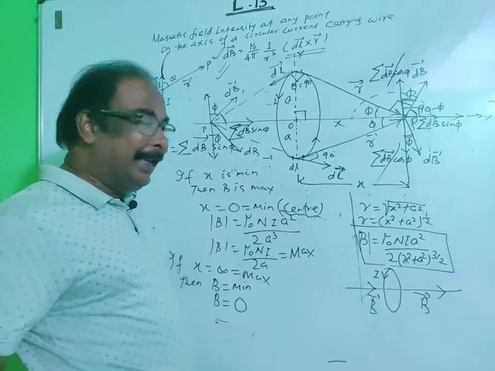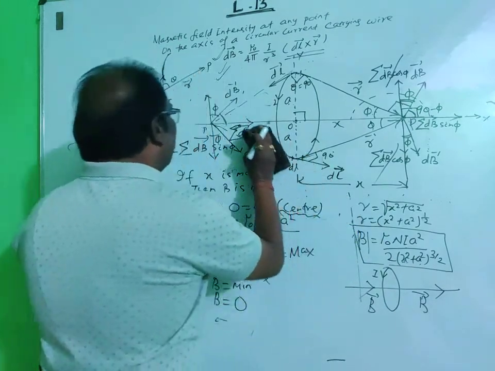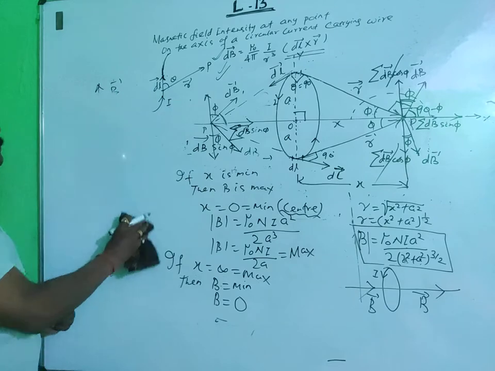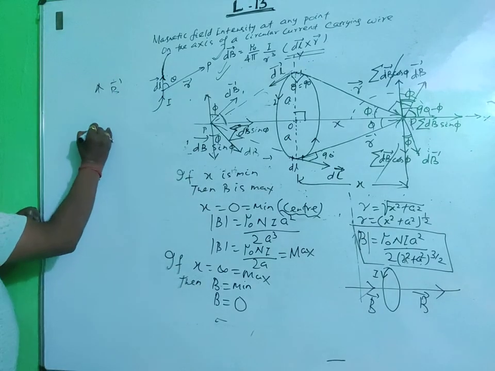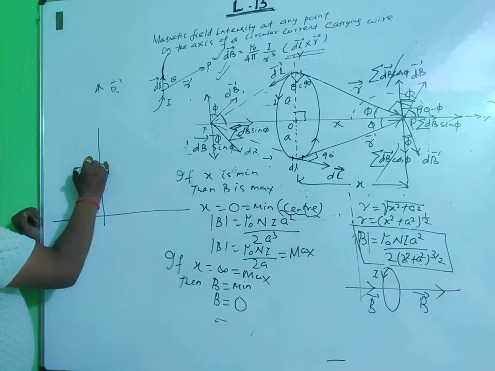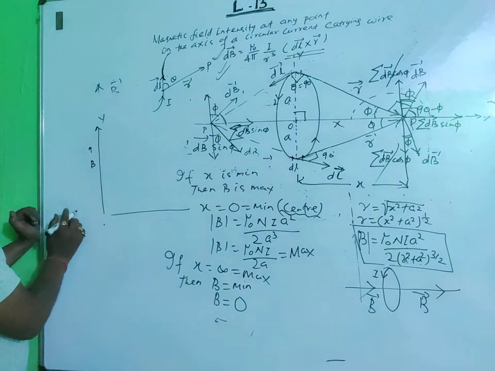Okay. Then the related graph. Let the variation of magnetic field be shown along the y-axis.